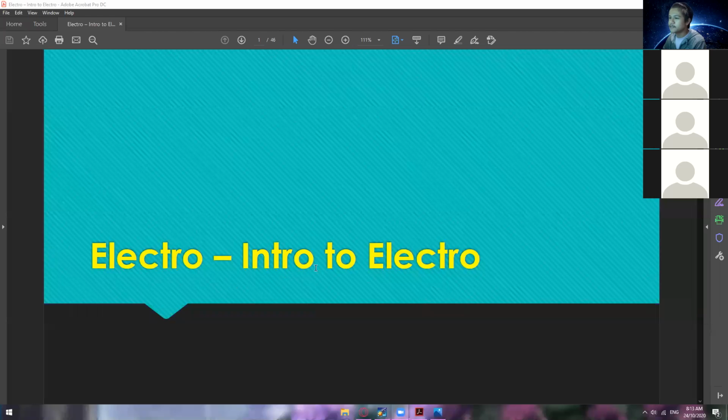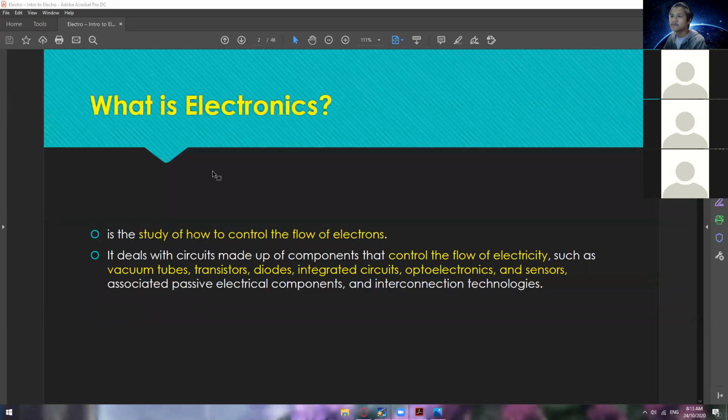So first, our very first topic is intro to electronics. The very first question that you might ask is, what is electronics? To make it simple, the very definition of electronics is the study of how to control the flow of electrons. Anything concerned with the flow of electricity or electrons is already electronics.